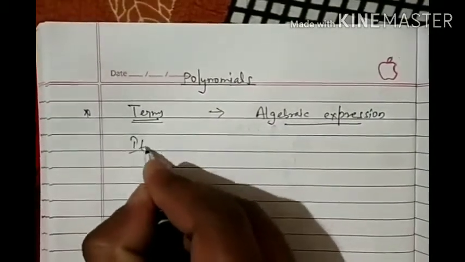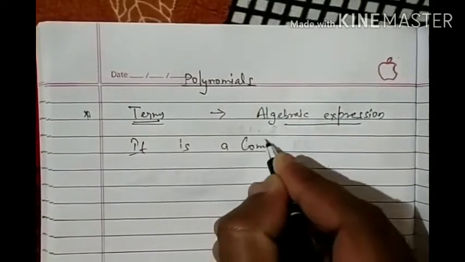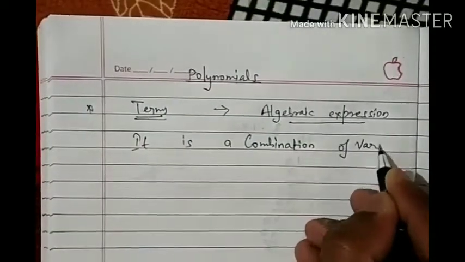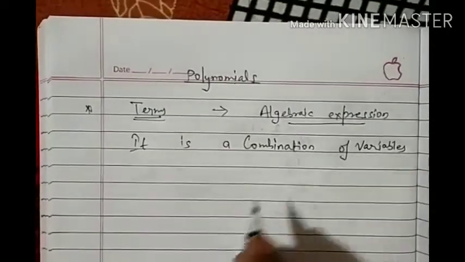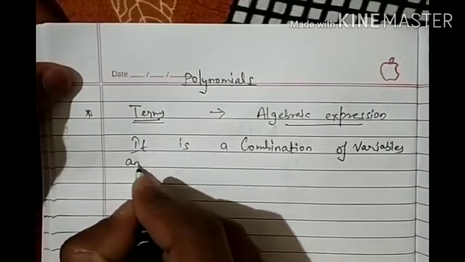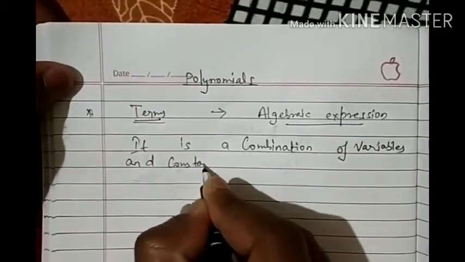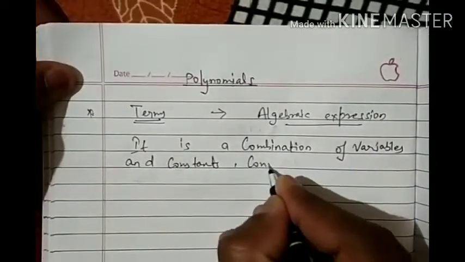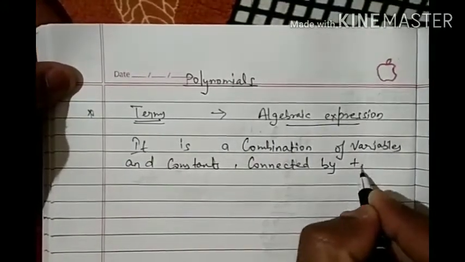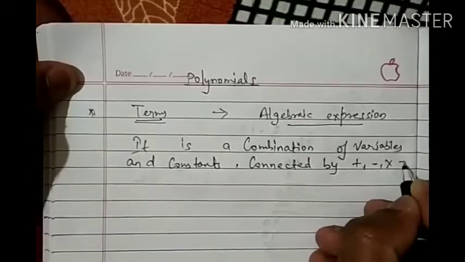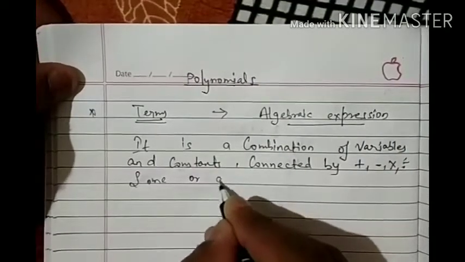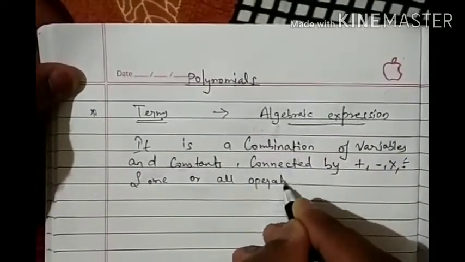It is a combination of variables and constants connected by plus, minus, multiply, divide, or all operations.